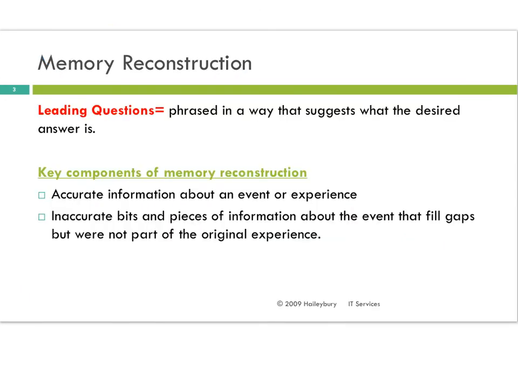Now we're on to the social factors as to why we are able or unable to encode, store, and retrieve information. So we are looking at memory reconstruction based on Elizabeth Loftus's studies on eyewitness testimony. So, what is memory reconstruction? This involves remembering past events and features of these events and then putting them together during memory recall.